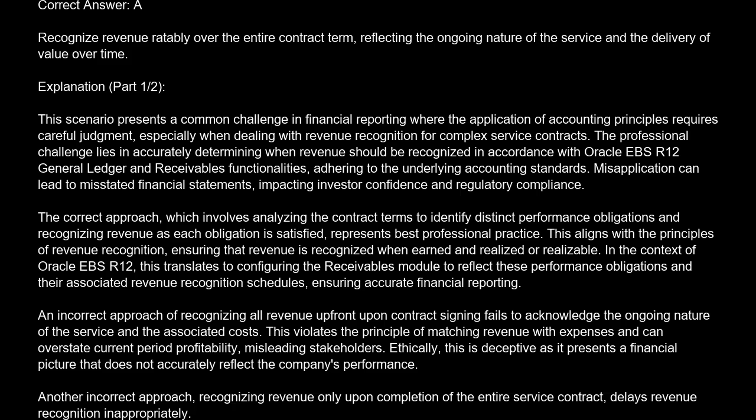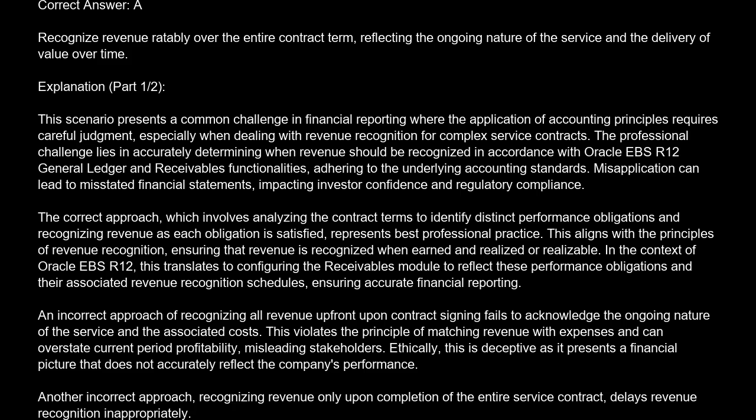This aligns with the principles of revenue recognition, ensuring that revenue is recognized when earned and realized or realizable. In the context of Oracle EBS R12, this translates to configuring the Receivables module to reflect these performance obligations and their associated revenue recognition schedules, ensuring accurate financial reporting.